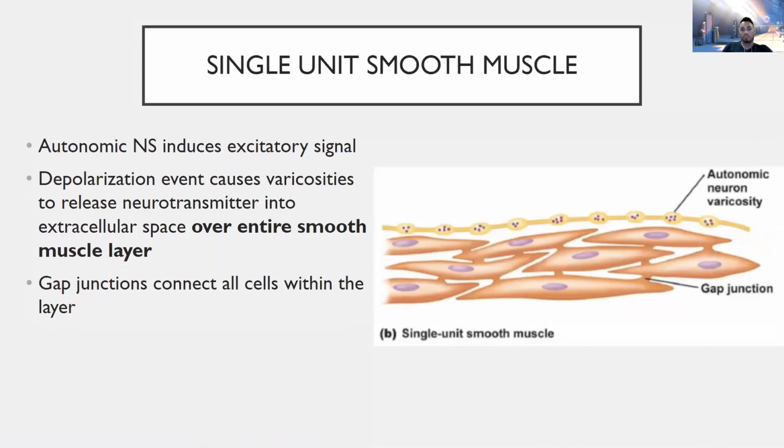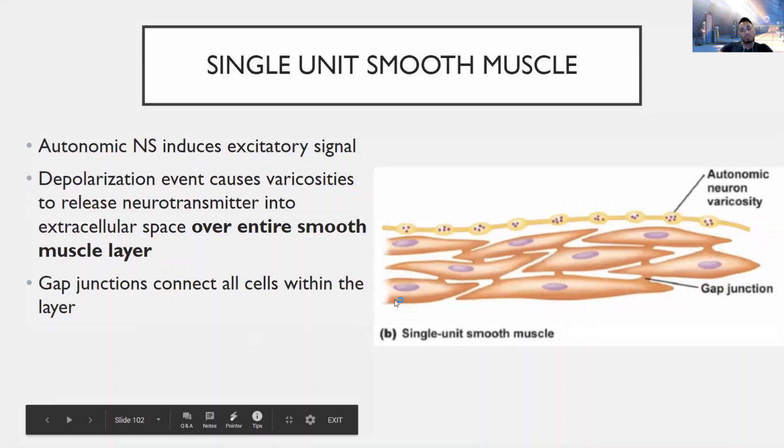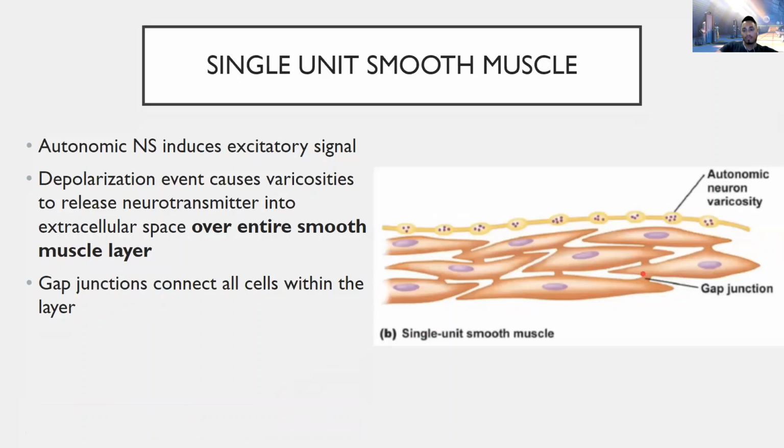And the reason that happens is because of gap junctions, right? Gap junctions connect all the cells within the layer, and so once the signal reaches one place, they're able to immediately let that signal go to the next unit of the muscle.